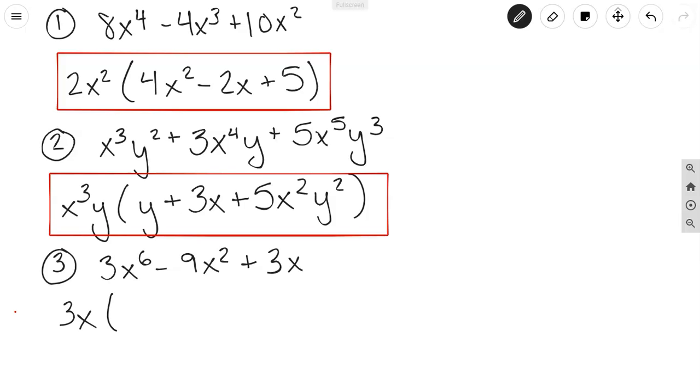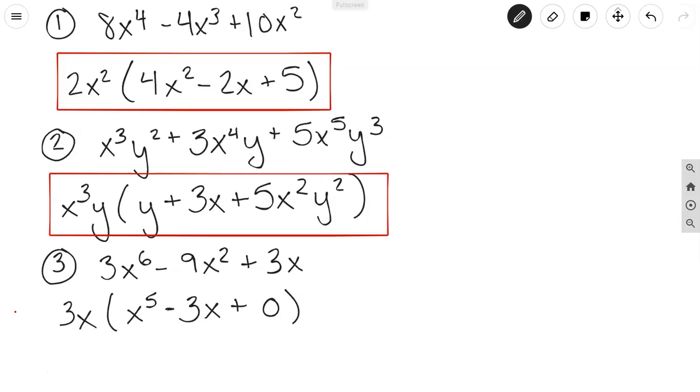Now I divide. 3 divided by 3 is 1. x^6 divided by x is just x to the 5th power, so 1x^5 or just x^5. Minus 9 divided by 3 is 3. x^2 divided by x is just x left. And then plus 3x divided by 3x, they cancel, but you don't just leave it blank. What's wrong with this is there's a 0 here.